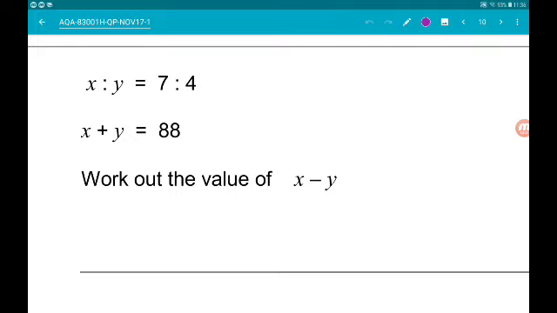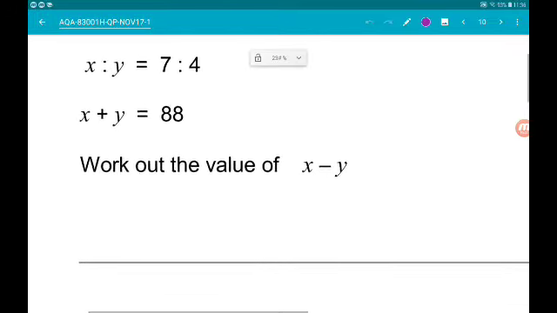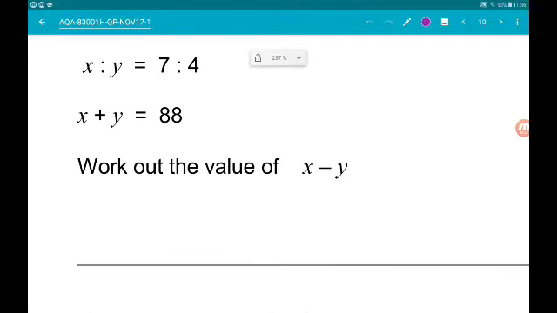If we did 7 add 4, we would get 11. Now we need the sum of x and y to be 88.